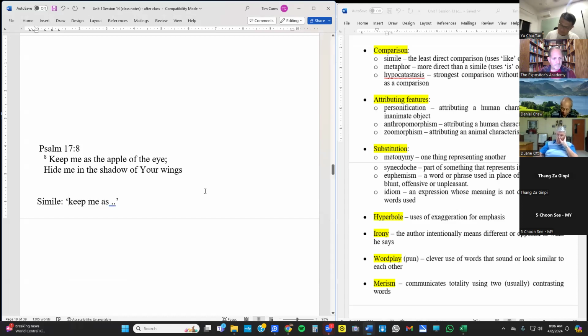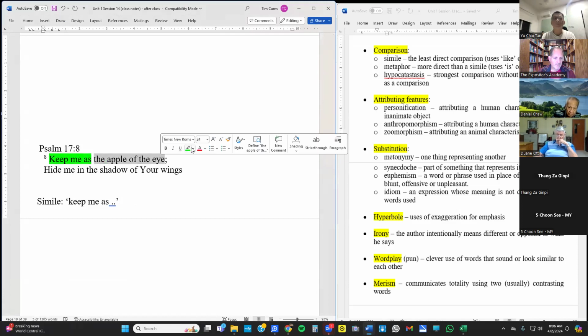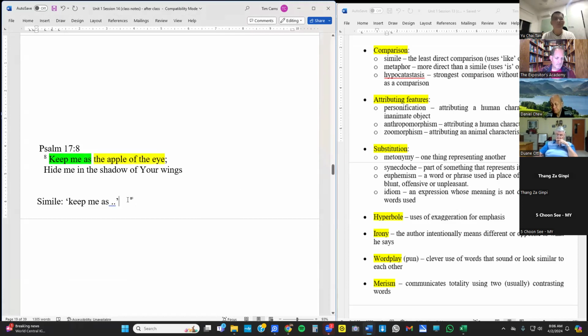Okay, so good. Do you see anything else? Hide me in the shadow of your wings. So think of an apple. Keep me as, that would be a simile. But then he has the apple of the eye. What is that?